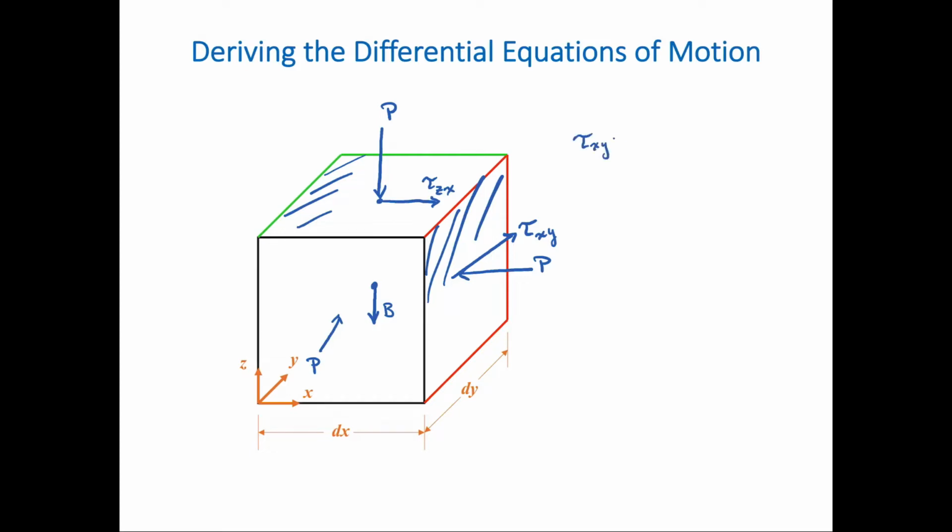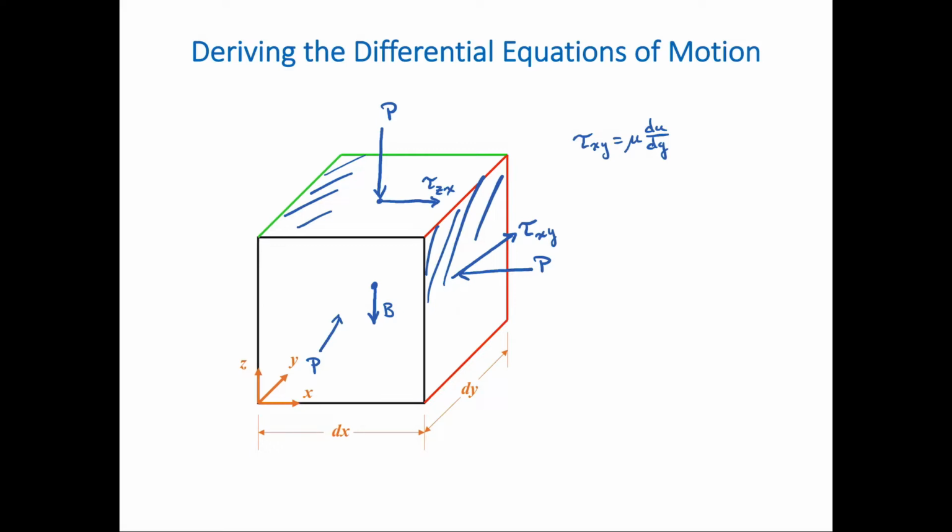So again, tau xy would then be dependent upon my viscosity and my velocity gradient in the y direction, which would mean that I have shear stress as a result of viscosity, as a result of a velocity gradient that is basically trying to bend or rotate my fluid particle.